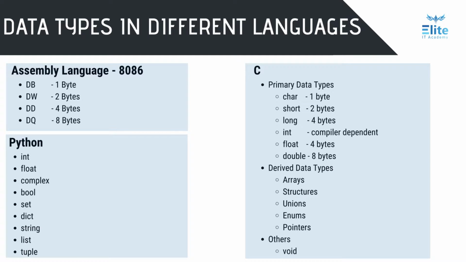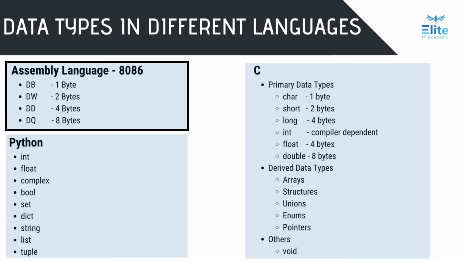Now, different languages have different sets of data types that are used to create variables and constants. For example, a low-level language like assembly language only has primary data types. Therefore, processing more complex data objects would take a lot of coding and testing effort.